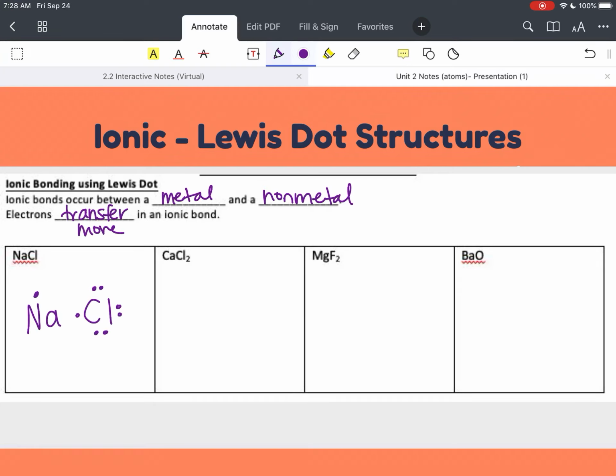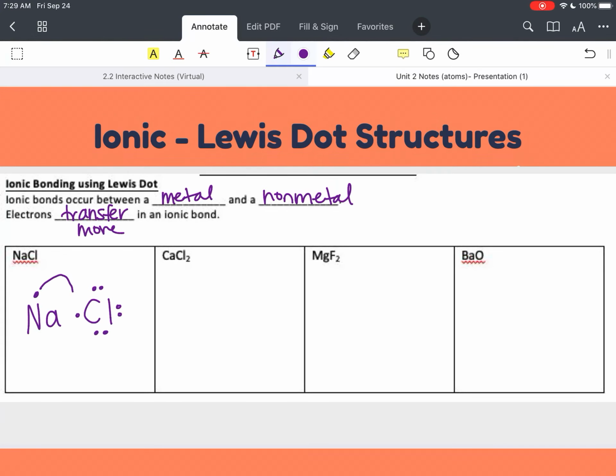So that means chlorine is actually going to attract the electron from sodium, which makes sense because chlorine only needs 1 electron to have a full outer shell. And if sodium loses an electron, then it will have a full second shell, so its 2s and 2p sublevels will be full. So that gives it that full outer shell.